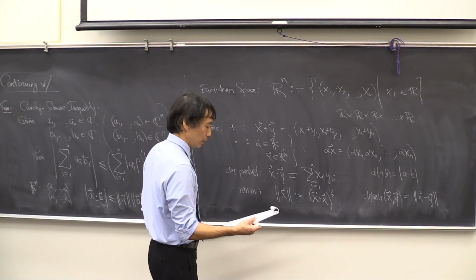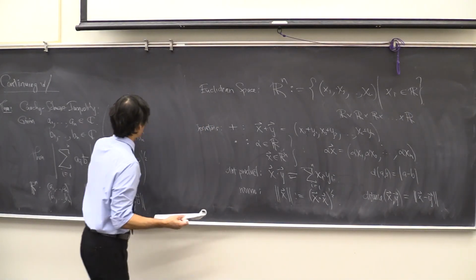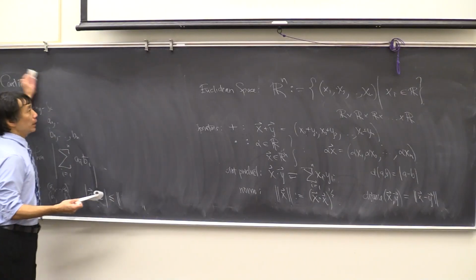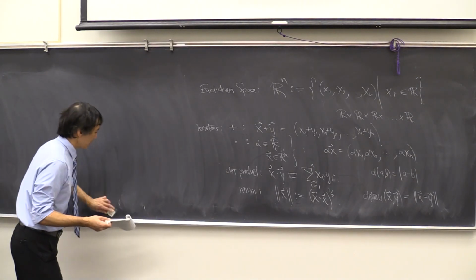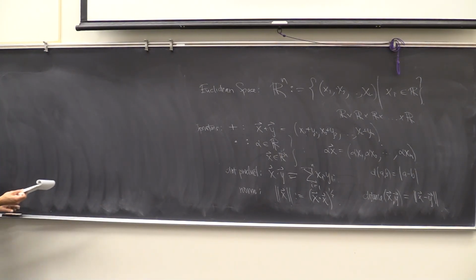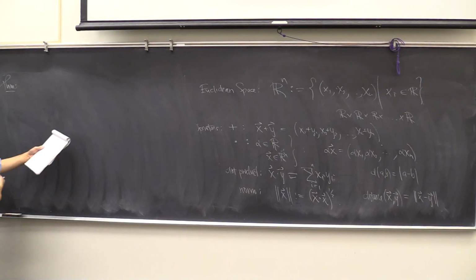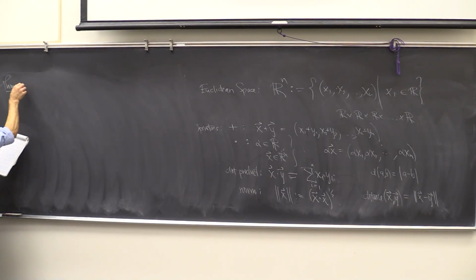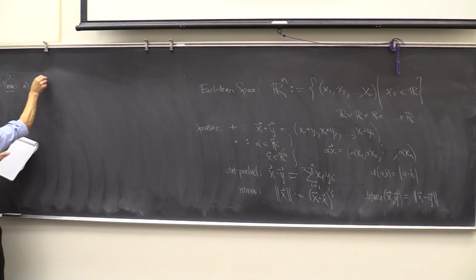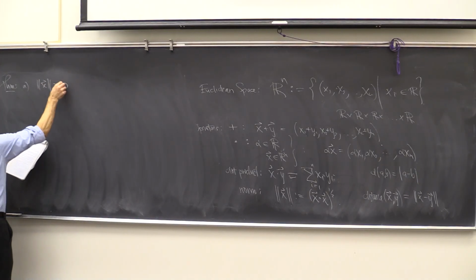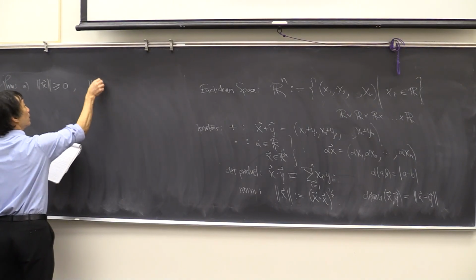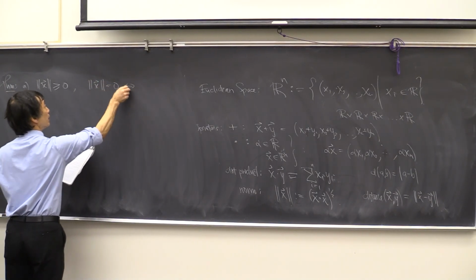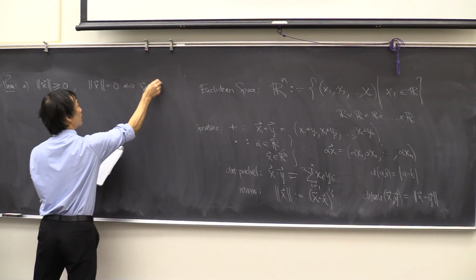So it's a vector space with a norm, and the norm satisfies certain properties. Namely, as before, the norm of a vector is greater than or equal to 0, and is 0 if and only if x is the 0 vector.